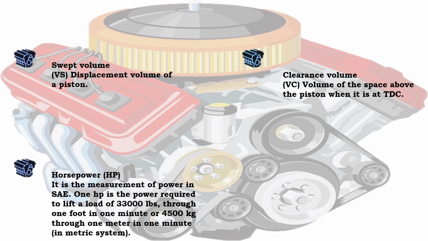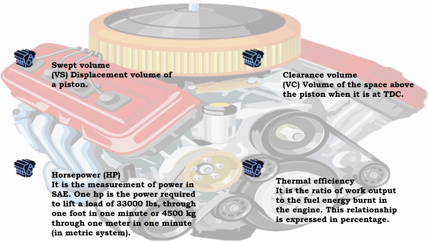Horsepower, HP: it is the measurement of power in SAE. 1 HP is the power required to lift a load of 33,000 lbs through 1 foot in 1 minute, or 4,500 kg through 1 meter in 1 minute in the metric system. Thermal efficiency: it is the ratio of work output to the fuel energy burnt in the engine. This relation is expressed in percentage.